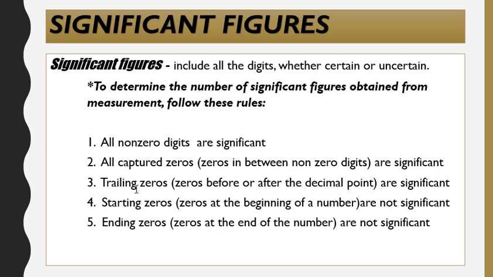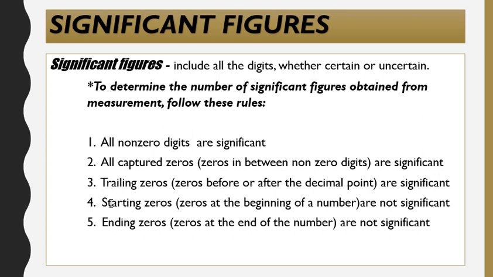Next, trailing zeros, or zeros before or after the decimal point, are significant. We will give examples later. Fourth, starting zeros, or zeros at the beginning of a number, are not significant.